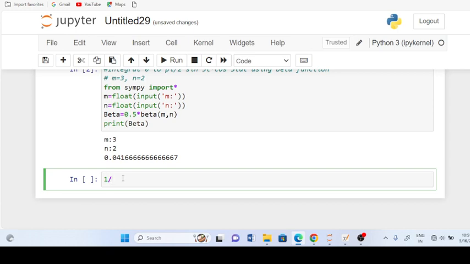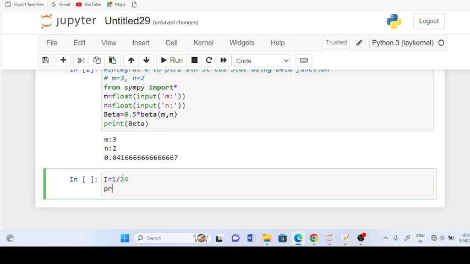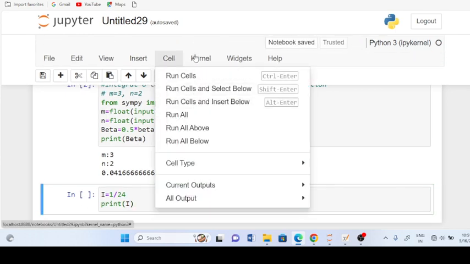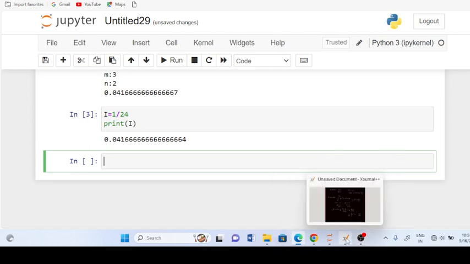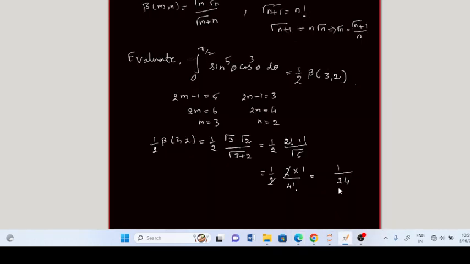So here we check the values. 1 dividing by 24. Here I equal to, print I. So here we can check. See, I got the answer while solving the problem as 1 dividing by 24.